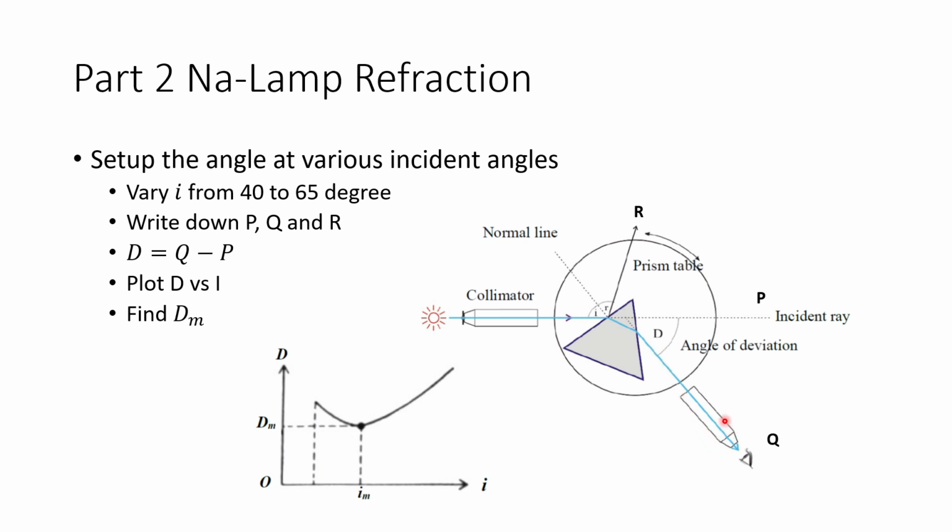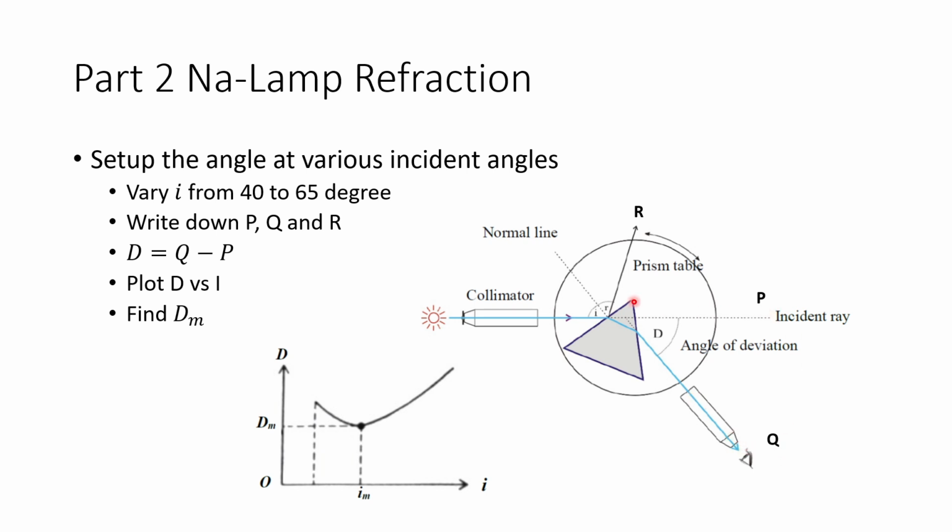This deviated beam is called Q, and P is the principal incident ray. If rays come here, you set this to be 0, or 360 degrees. The difference between the Q ray and the P ray gives you the deviation angle. So D can be calculated from the positions of Q and P.